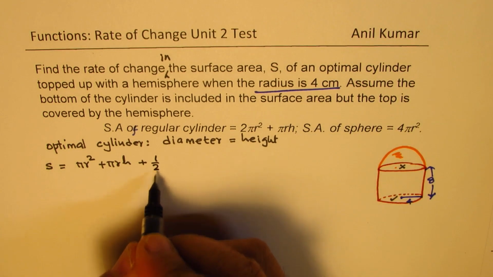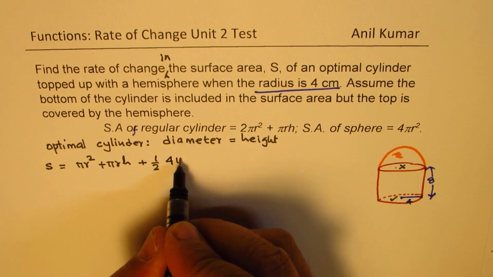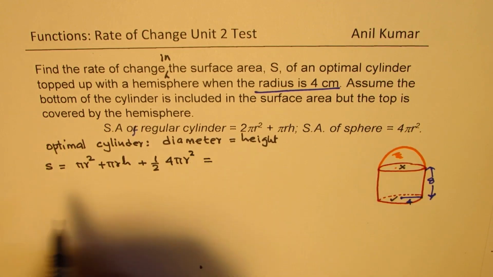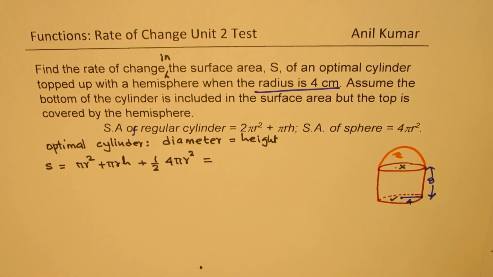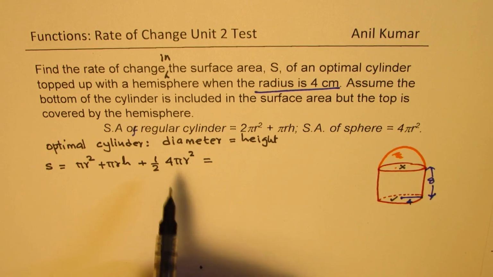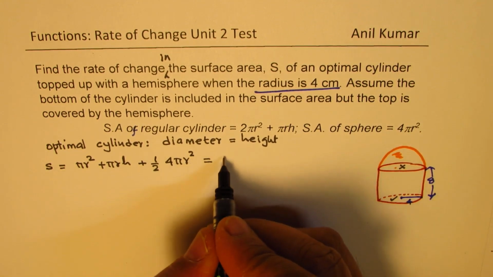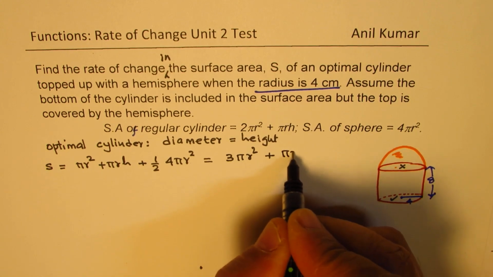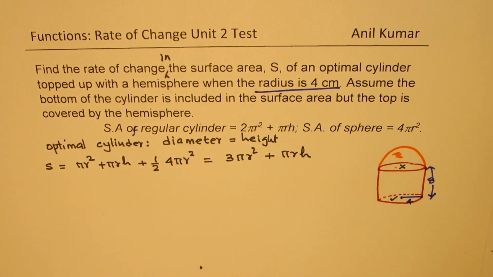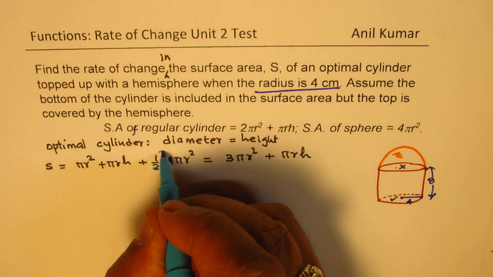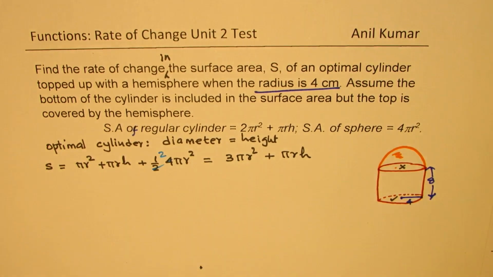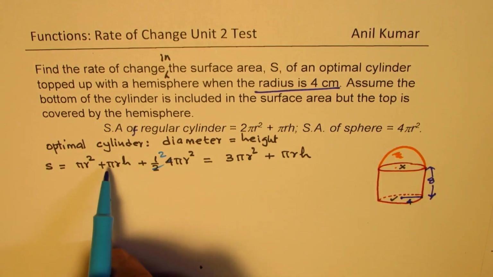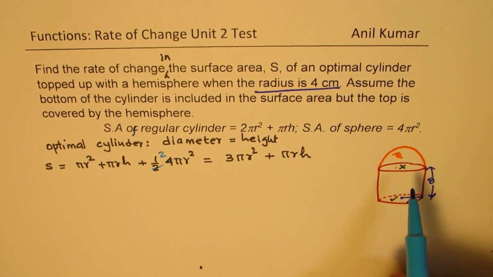So half of 4 pi r square. Is that clear? So that becomes your formula. So we have 2 pi r square and pi r square as 3 pi r square plus pi r h. Perfect. So that is how we get our surface area.